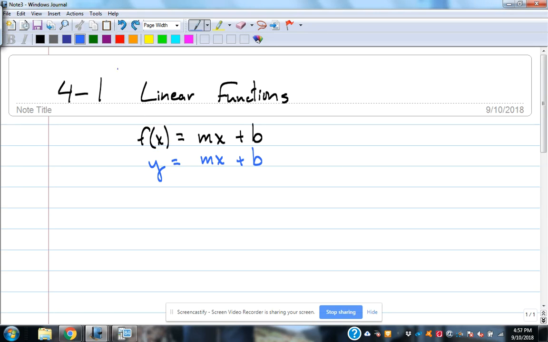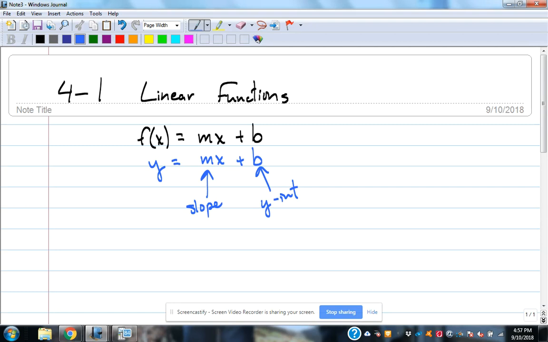That's how you're going to normally see it here. Okay. The m is the what of the equation? The slope. B is the y-intercept. That stuff hasn't changed since 7th grade. It's all the same. It's still the same linear equation we've been dealing with forever.